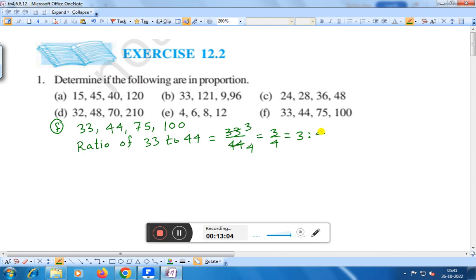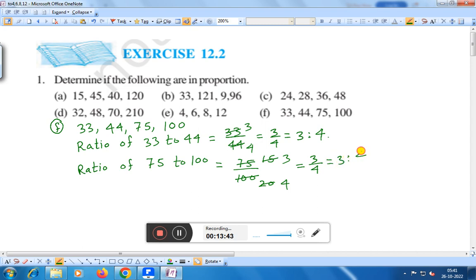Ratio of 75 to 100 comes to 75 by 100. If we divide both the numbers by 5, 5 fifteens are 75, 5 twenties are 100, that is equal to 3 by 4, and that is equal to 3 is to 4.